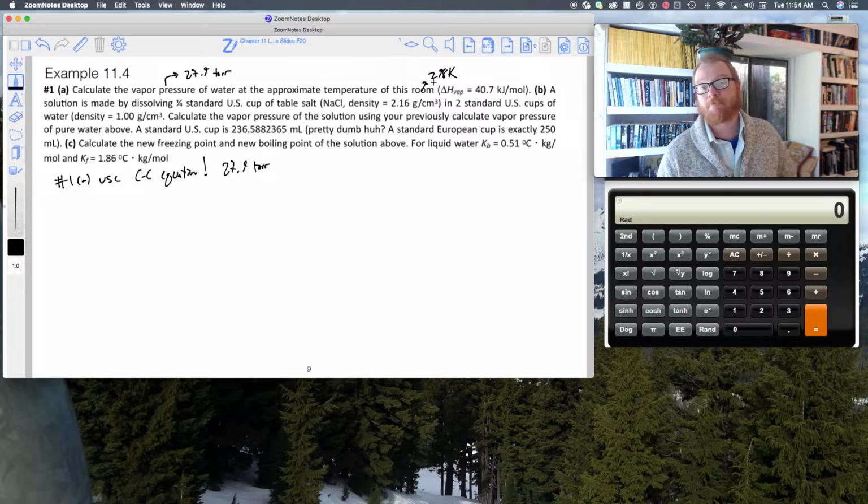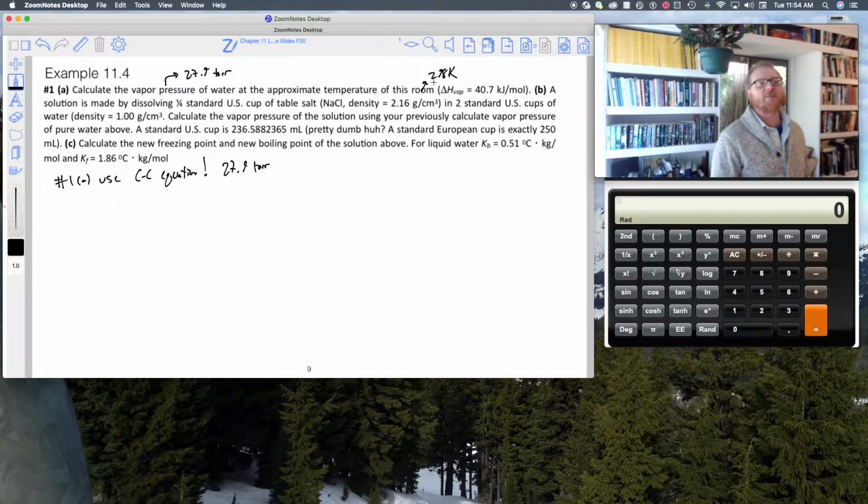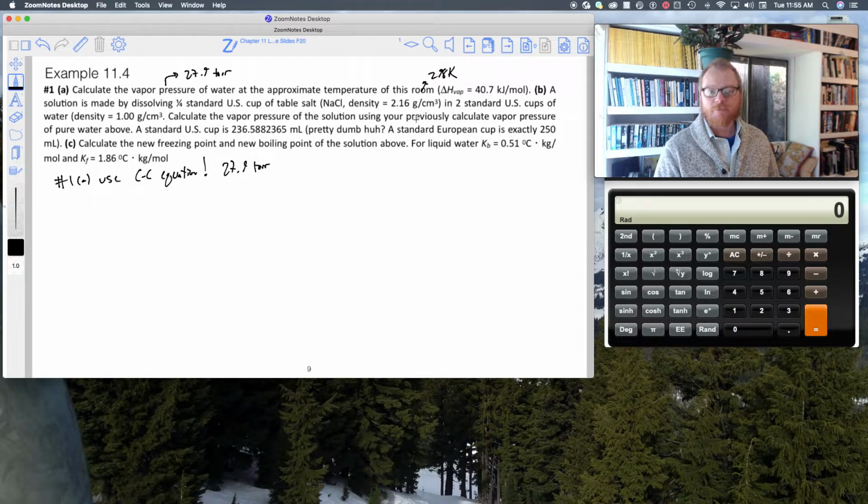Okay. B, so this is going to be the new stuff. A solution is made by dissolving 1/4 standard US cup of table salt, and there I gave you the density of sodium chloride, in 2 standard US cups of water. Calculate the vapor pressure of this new solution using your previously calculated vapor pressure of the water above. Okay?